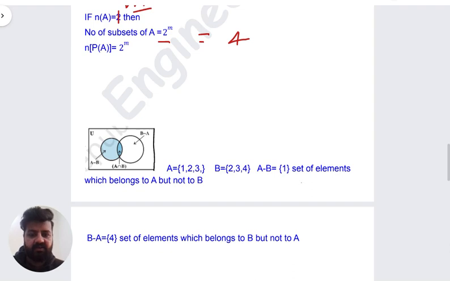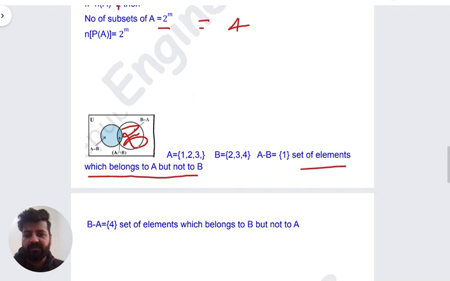Set A minus B will contain all the elements which belong to A but not to B. My dear, we will subtract this area. The elements lying in this area will be subtracted. So it will be A minus B. If we write down B minus A, then the set of elements which belong to B but not A, then we will subtract this area.